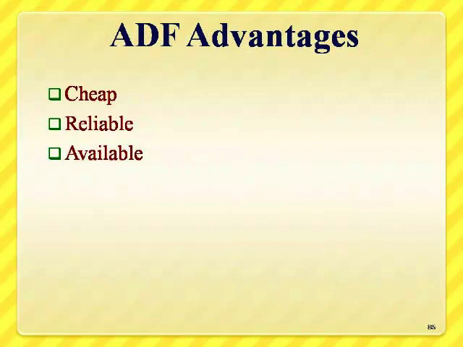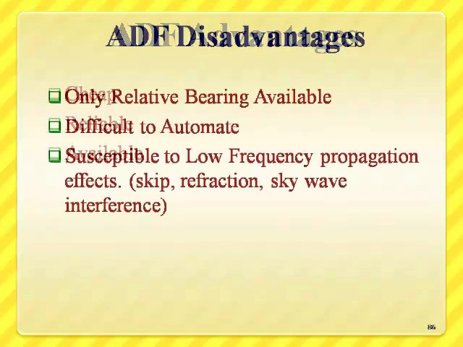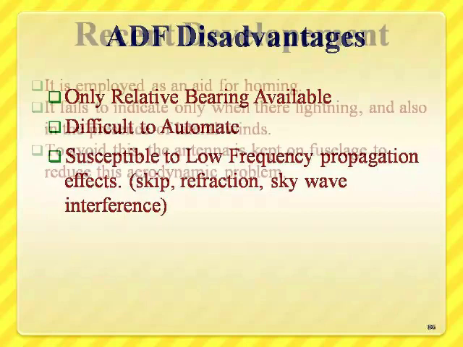The advantages of ADF are that it's very cheap, reliable, and available almost all the time. But there are definitely some disadvantages. Only relative bearing is available. It's difficult to automate, and susceptible to low frequency propagation effects like skip, refraction, skywave interference, etc.